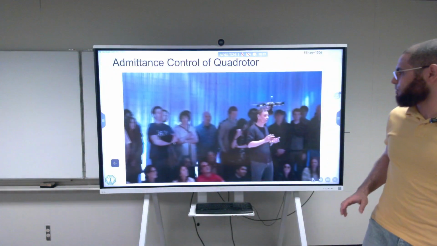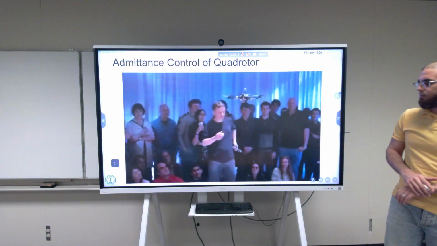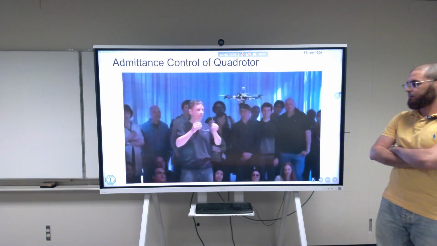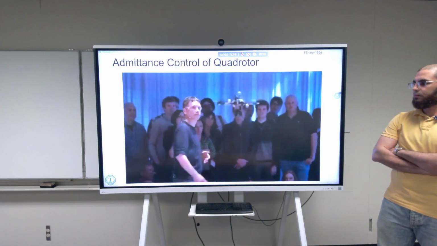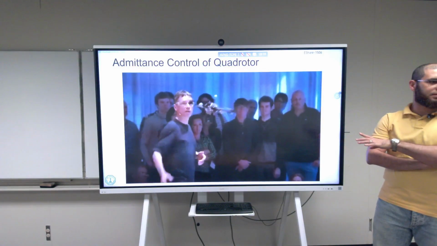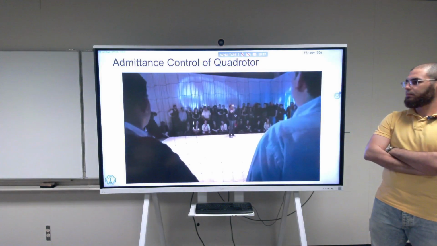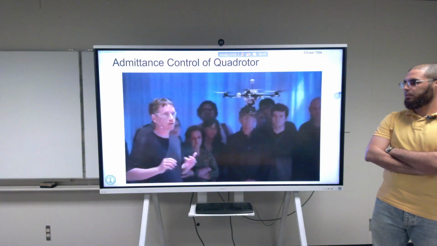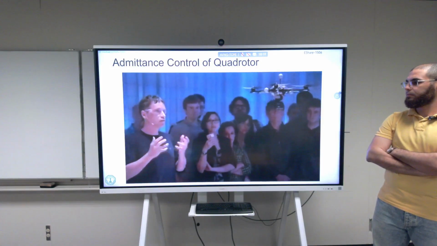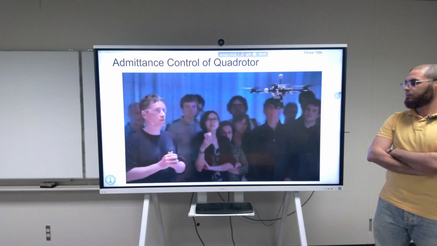Interaction doesn't have to be virtual, it can be physical. Take this quad, for example. It's trying to stay at a fixed point in space. If I try to move it out of the way, it fights me. This is impedance. It moves back to where it wants to be. We can change this behavior, however. We can use mathematical models to estimate the force that I'm applying to the quad.